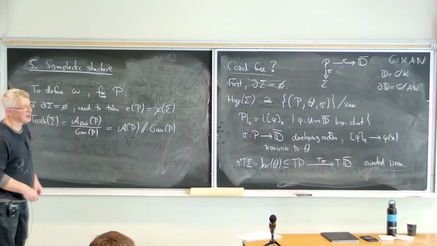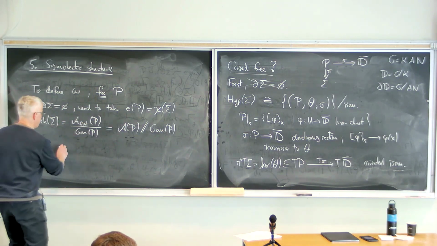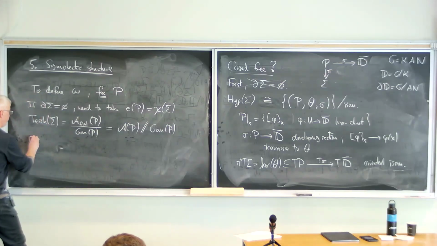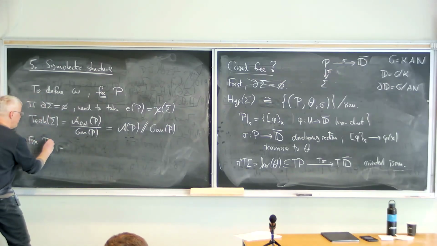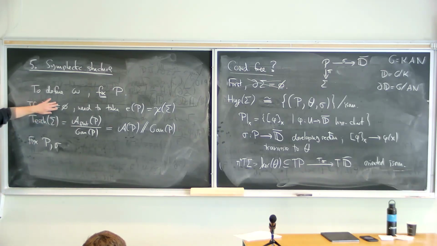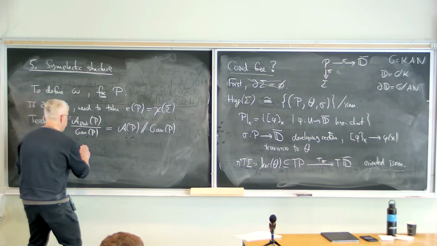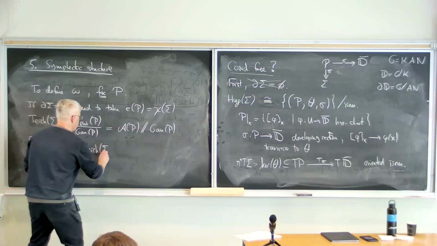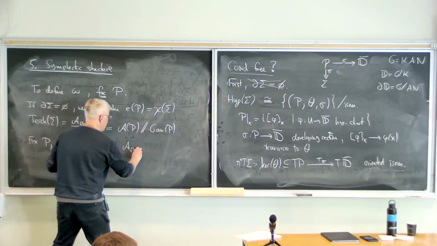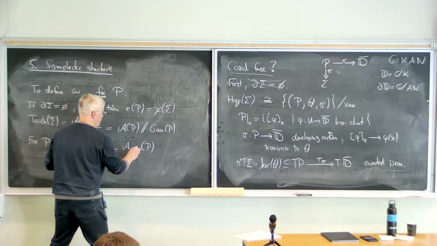So with this developing section, you get another perspective. You can say, okay, if you fix E and also fix the developing section, so long as the boundary is empty, it doesn't matter which one I choose. It's just a reduction of the structure group basically to K. Then I can also say, okay, it's a bit of a mouthful, it's flat connections on P which are what I call sigma positive.